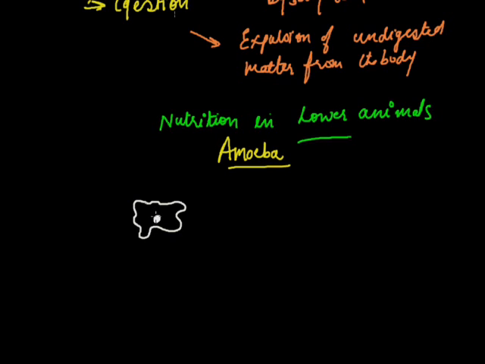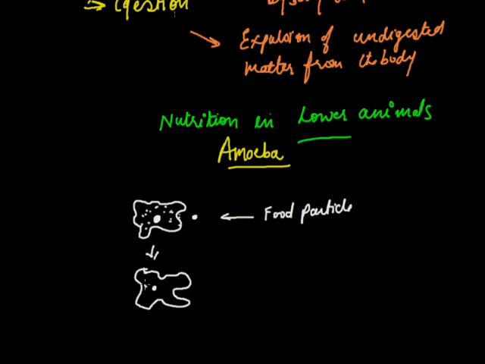It has a nucleus, plus cytoplasm is there. This is a food particle. Now the next diagram in the digestion process of amoeba is like this. Again, there is a nucleus, cytoplasm, and a food particle is shown here.